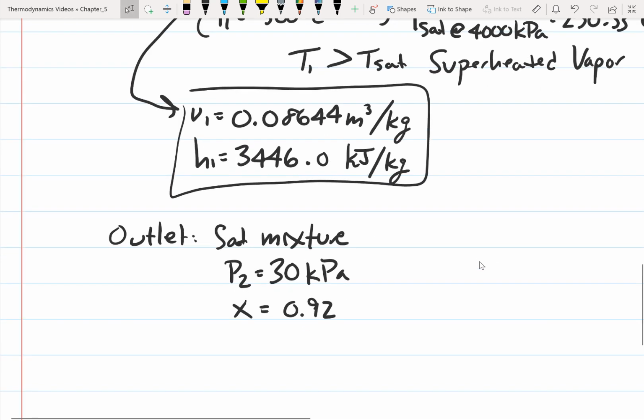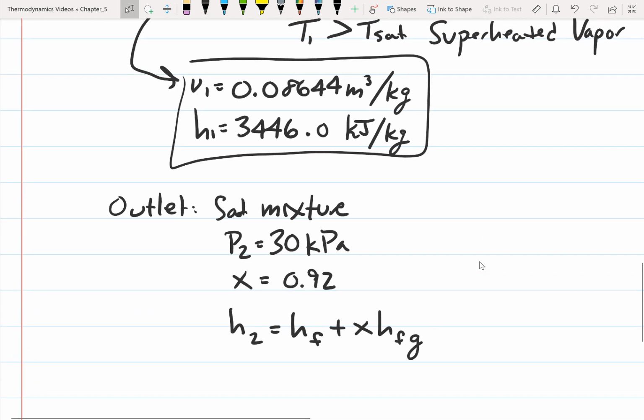And so we know that our enthalpy is equal to the enthalpy of the saturated liquid plus x multiplied by the enthalpy of vaporization. And remember, this is just the enthalpy of the saturated vapor minus the enthalpy of the liquid. But we can look this up directly, so that's what we're going to do.